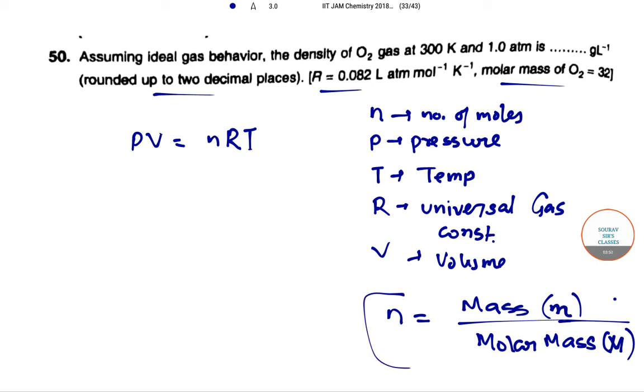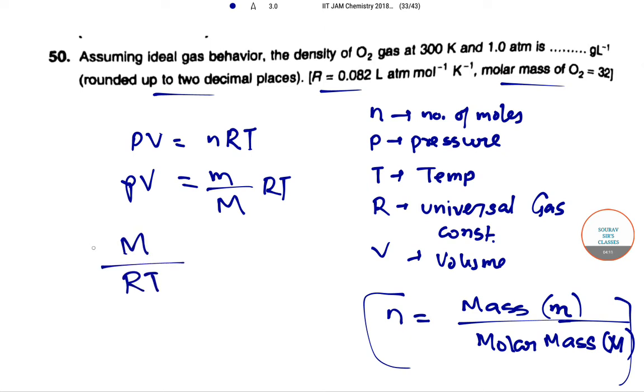So replacing n here by small m by capital M, we have PV equals small m by capital M into RT. So capital M by RT into P is equal to small m by V, and this is the mass given and this is the volume given.